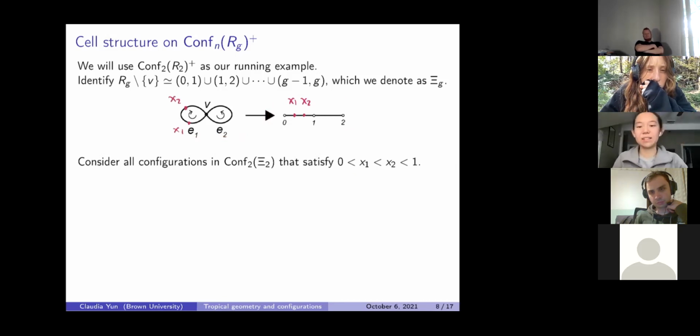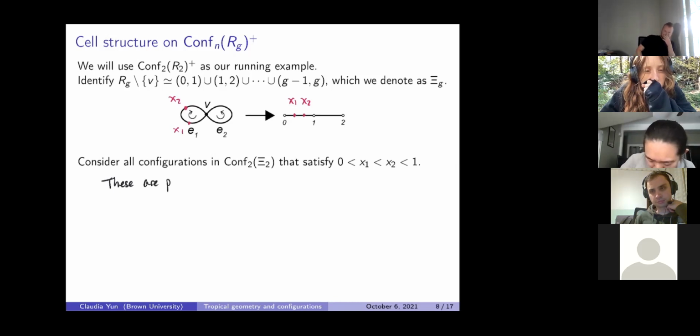And I claim that this description gives a bunch of configurations, and these configurations are parameterized by the interior of a 2 simplex.